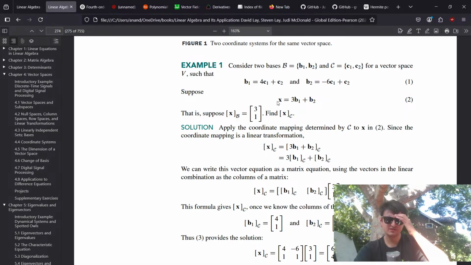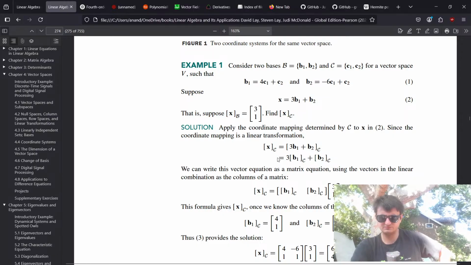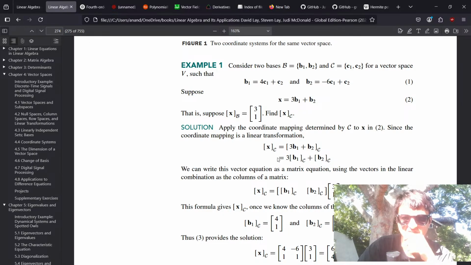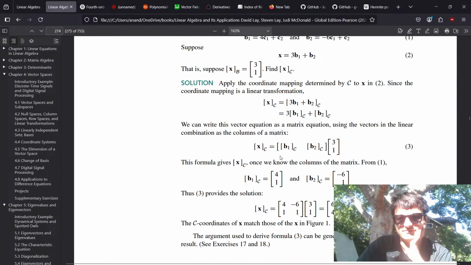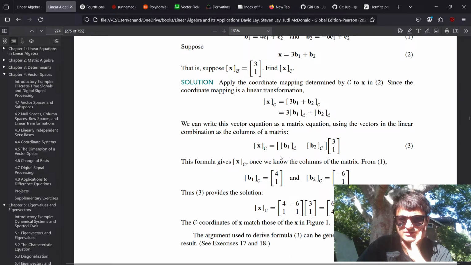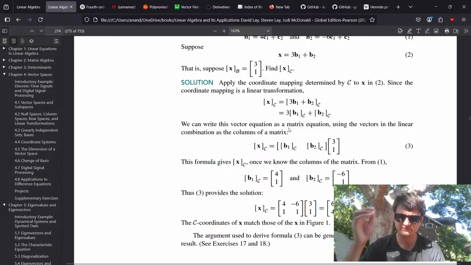Since the coordinate mapping is a linear transformation, we can pull it out as a linear combination. We can write this vector equation as a matrix equation using the vectors in the linear combination as the columns of a matrix.